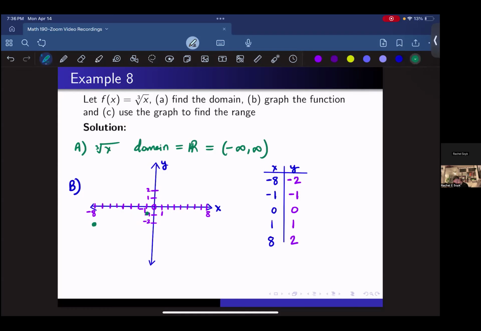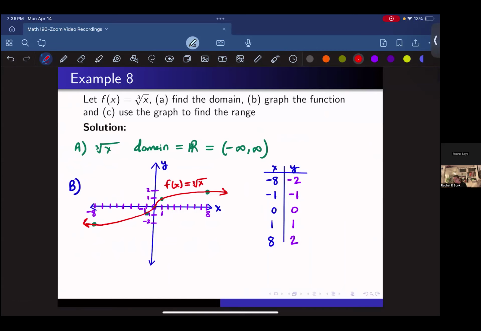Always want to draw in and label your function. I don't think I did that on the previous example, so I'll go back and do that in a moment. There.